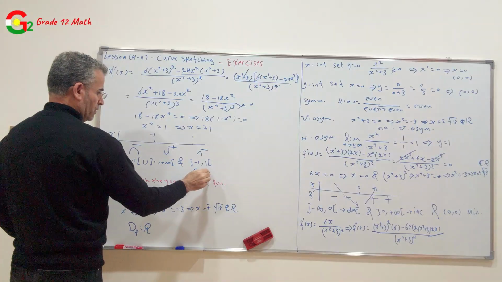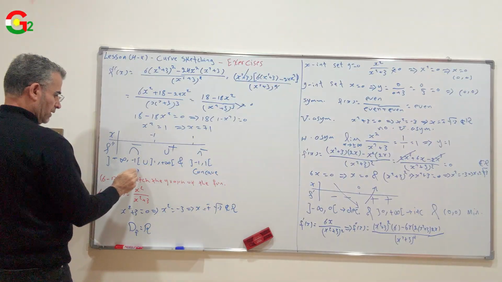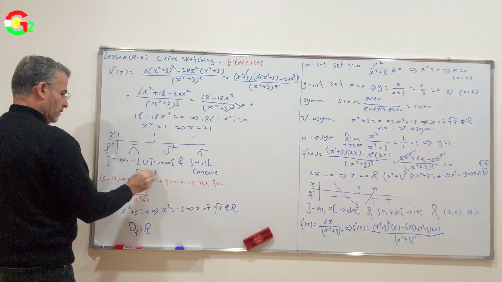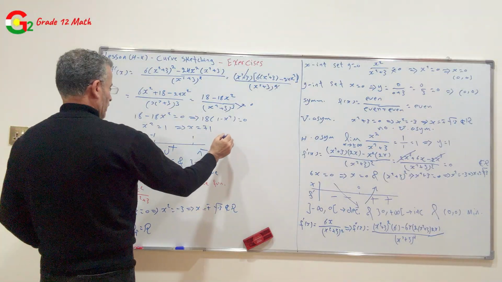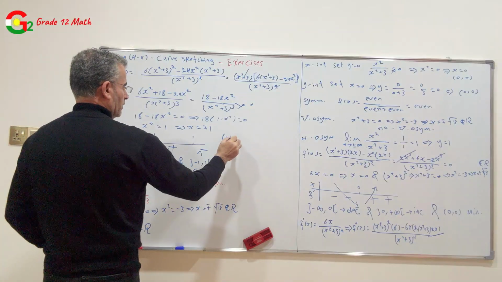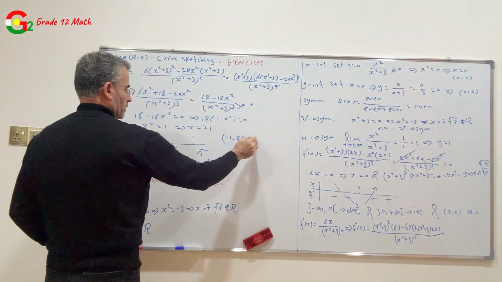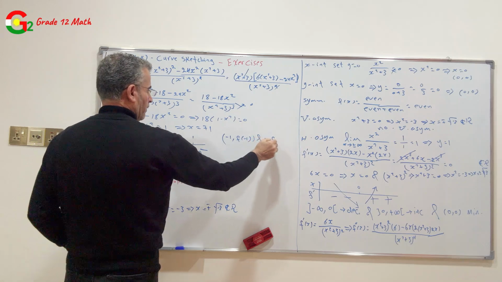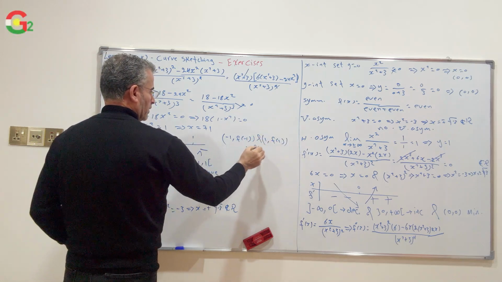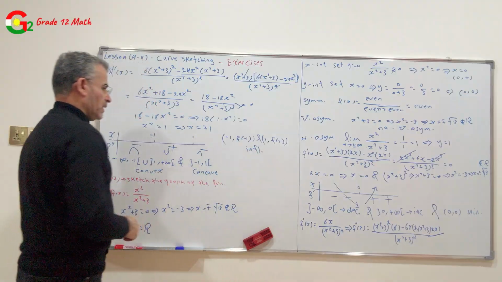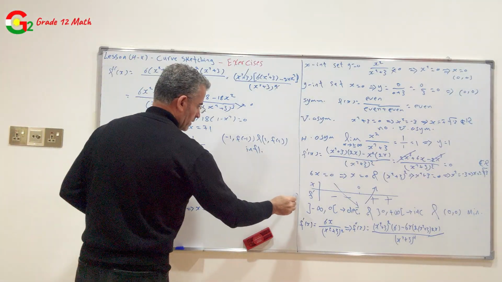Here the function is concave, and in these two intervals the function is convex. And negative 1, f of negative 1, and 1, f of 1, are two inflection points for this function.